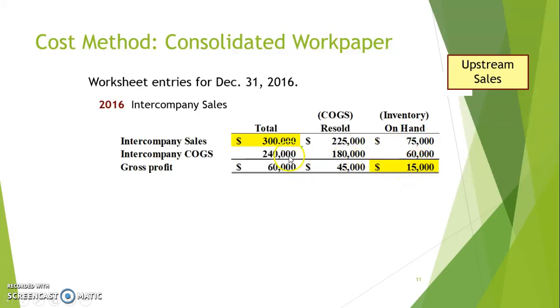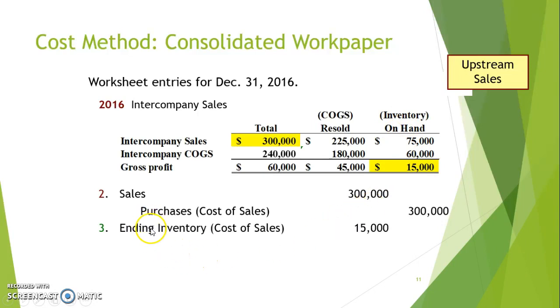So our entries first to eliminate the intercompany sales would reflect a debit to the sales account and a credit to the purchases account, and the entry to eliminate the unrealized profit in ending inventory will result with a debit to the ending inventory in the cost of sales account and a credit to the inventory account in the balance sheet.